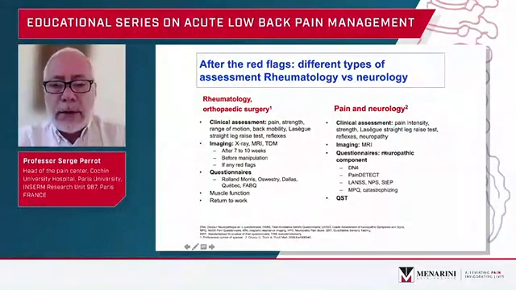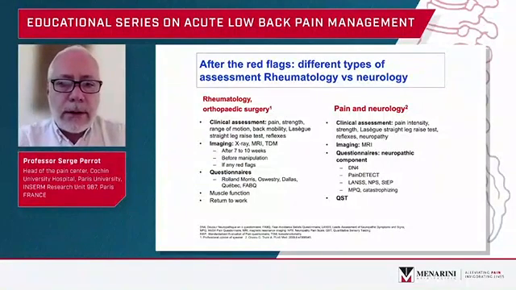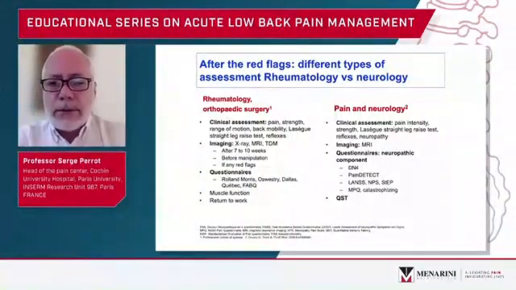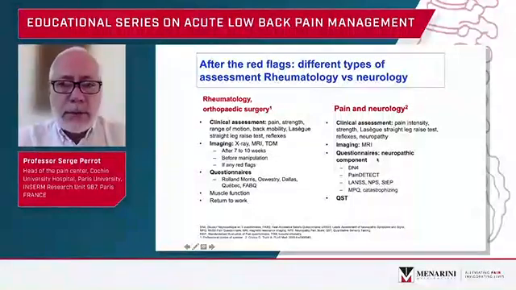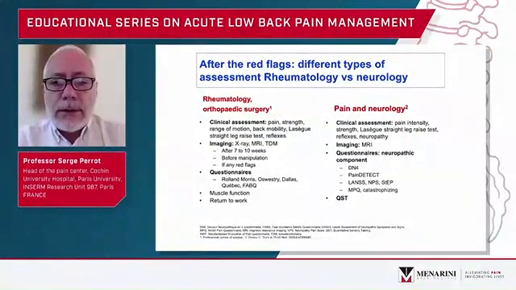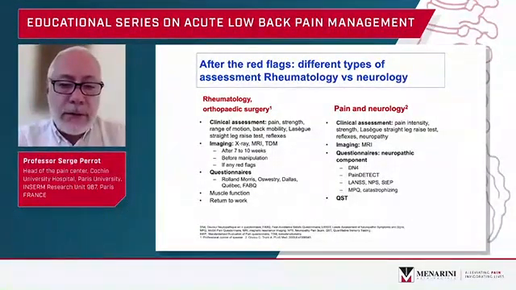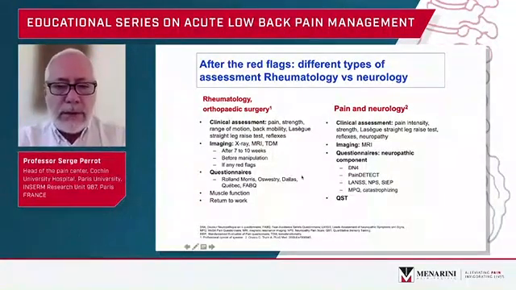And when you look at pain, physicians and neurologists, of course, are looking at pain and also sensory or motor dysfunction, but they are using different questionnaires looking at the pain mechanism, for example, looking at whether there is a neuropathic component by using questionnaires like the DN4 and the PainDETECT, that are specific questionnaires to screen for neuropathic pain mechanism.